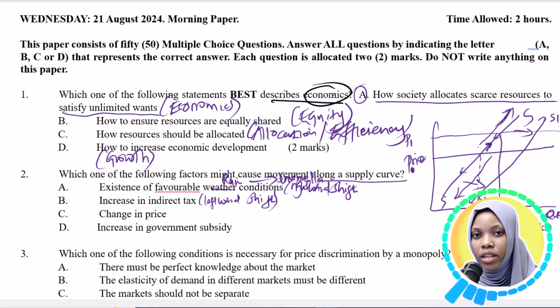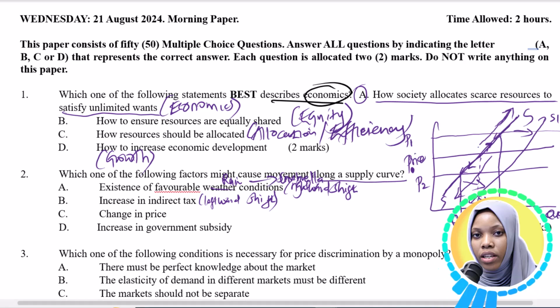And if we decrease our price to P2, then our supply is going to reduce to Q2, and the movement is like this. So the movement is along the supply curve.